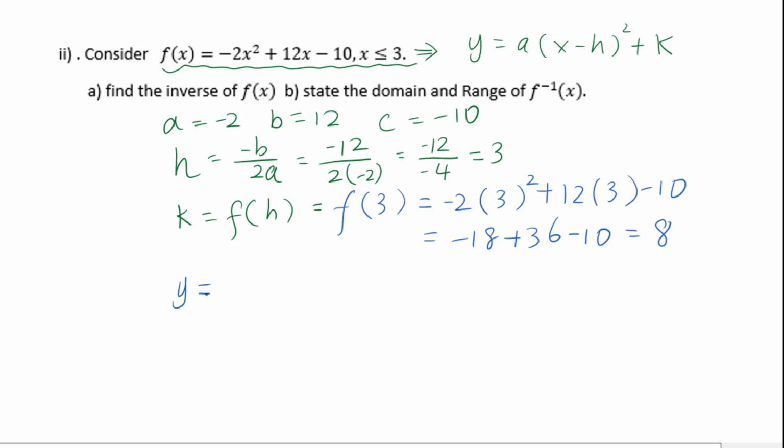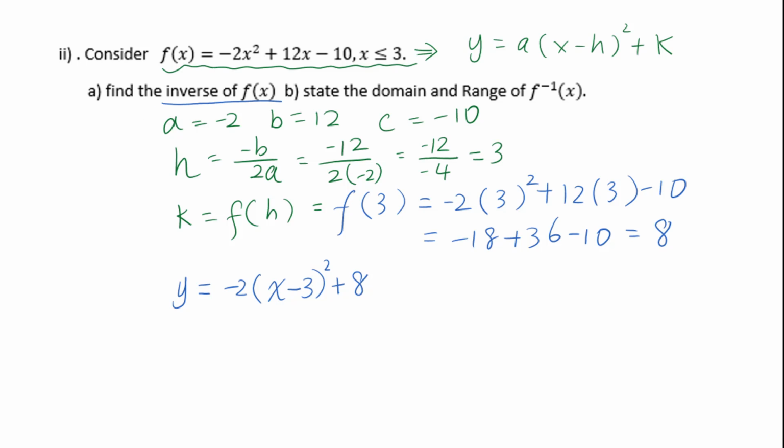So we can write down the vertex form: a equals negative 2, h equals 3, k equals 8. Then from this vertex form, we will work out the inverse of f of x.